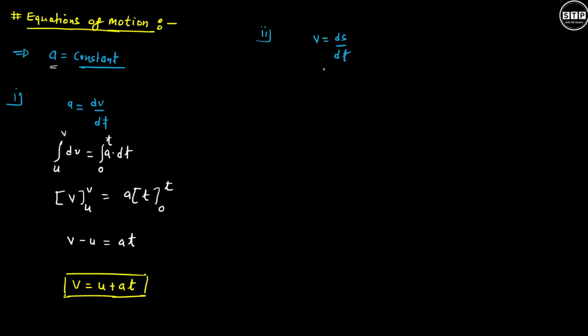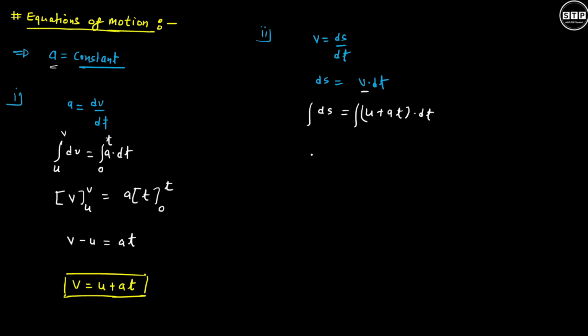If I cross multiply, can I write ds is equal to v dt? Now, because there is acceleration, v is not a constant value, so instead of v we write v is equal to u plus at. So ds can be written as u plus at multiplied by dt, and let's integrate both sides.